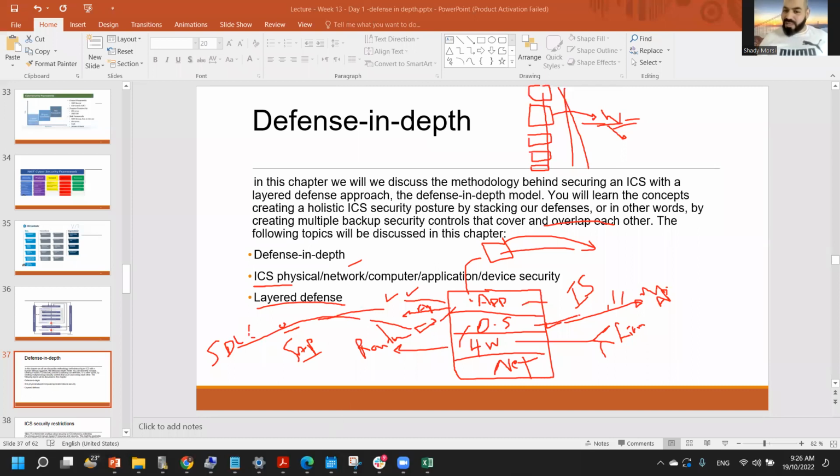Because one day you will end up installing this application that you developed within your company onto your computer. And if these applications are not developed with security in mind, this specific application will be the point for the attacker to compromise your system. So that's why a lot of emphasis right now is on SDLC. So this is one important topic about SDLC.